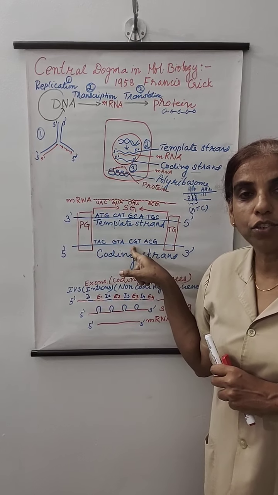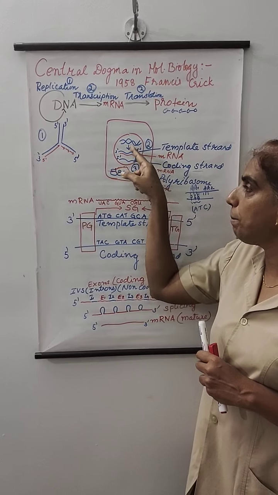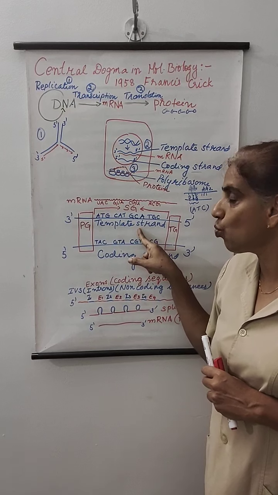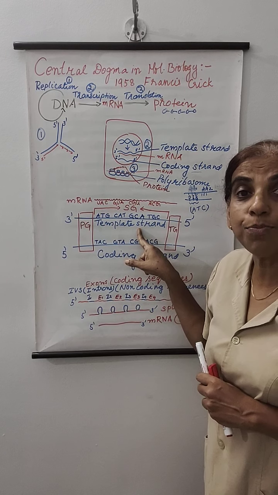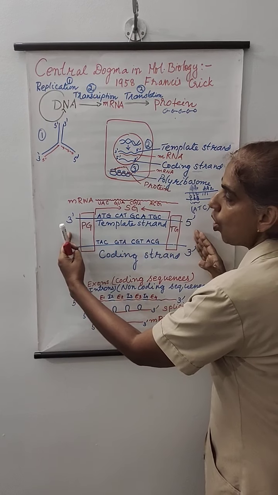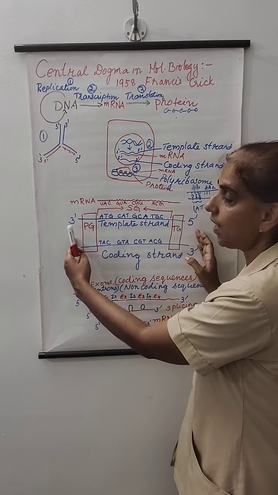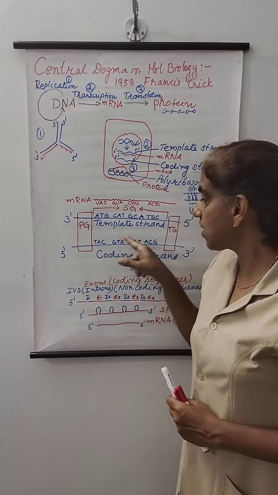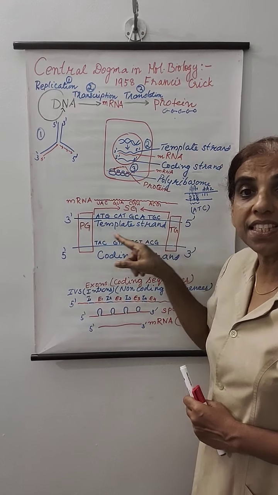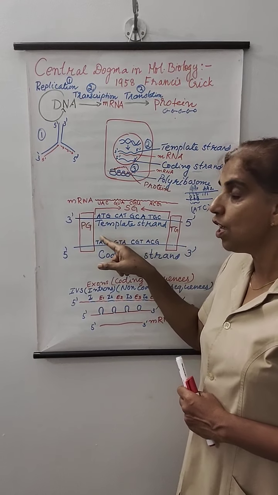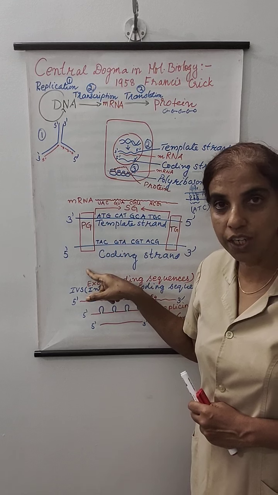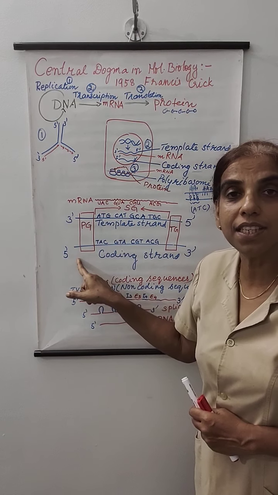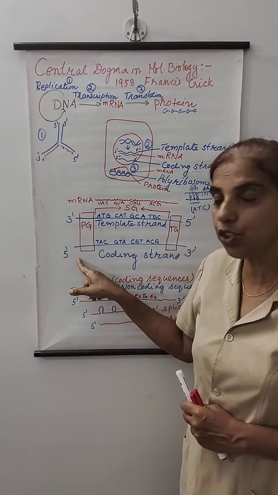I have drawn this particular piece in an enlarged form, and this is what we call the transcription unit. The whole structure put together we call the transcription unit. A transcription unit is the segment of DNA which undergoes transcription. When you look at this transcription unit, you can see three distinct regions.